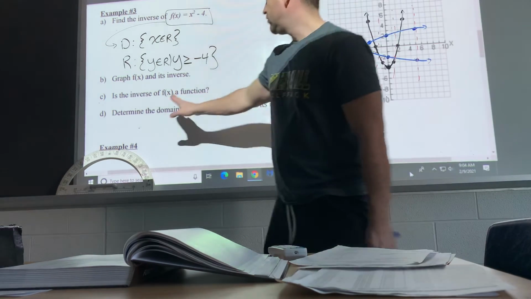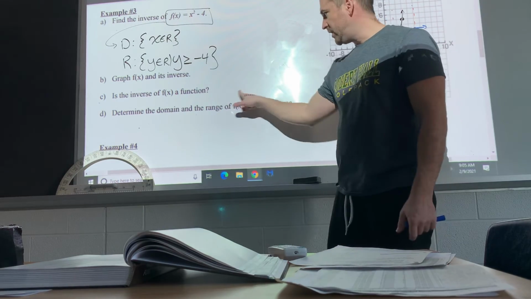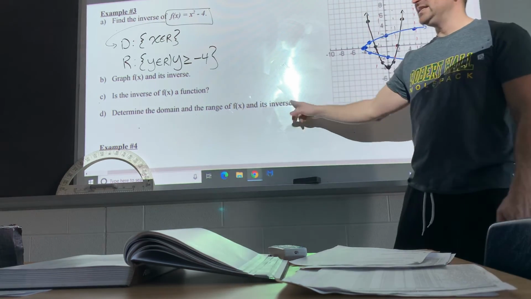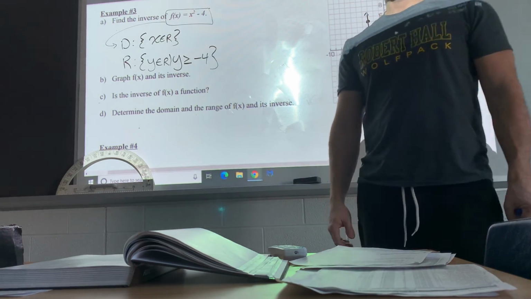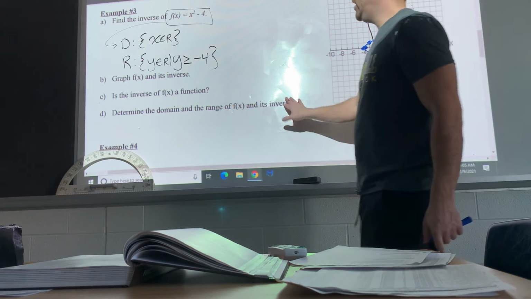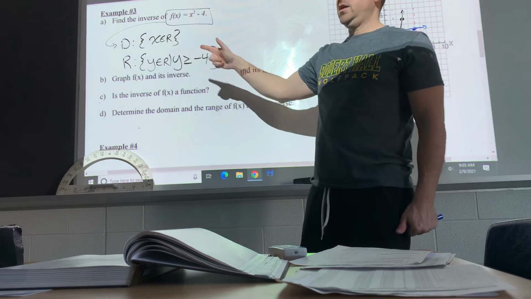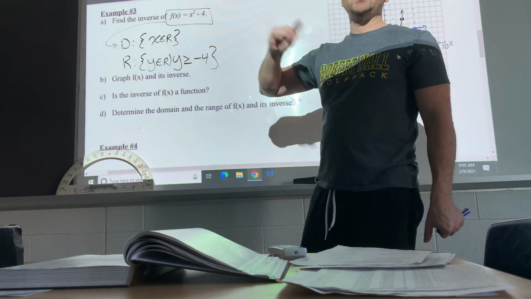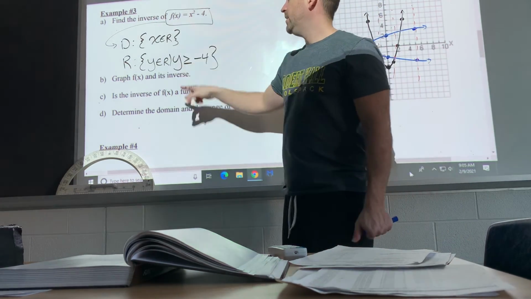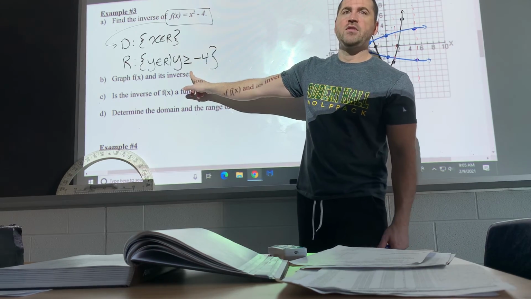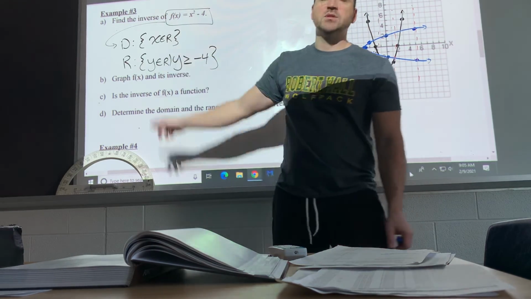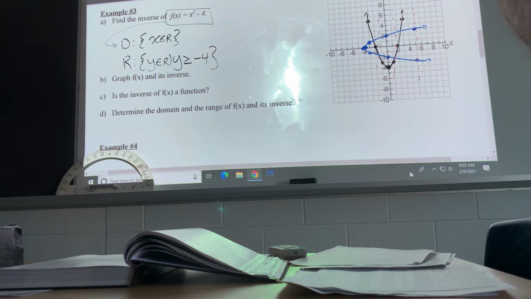Okay, so then it said determine the domain and range of the function f of x, the function, and its inverse. The easy part of this one is for the inverse you just swap it. Remember the x's are the y's and the y's are the x's, so it just switches. So this becomes the domain of the inverse, and this becomes the range of the inverse.